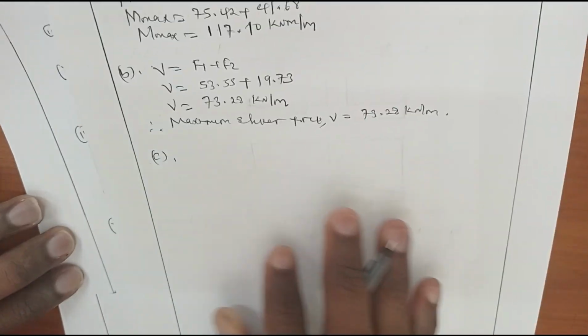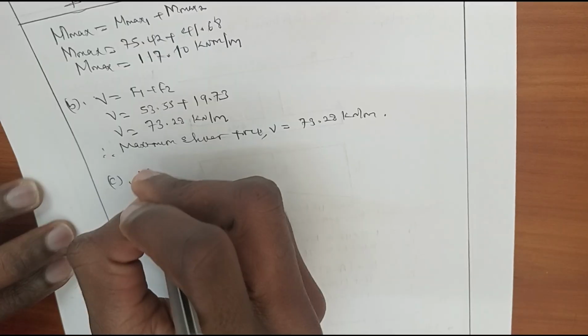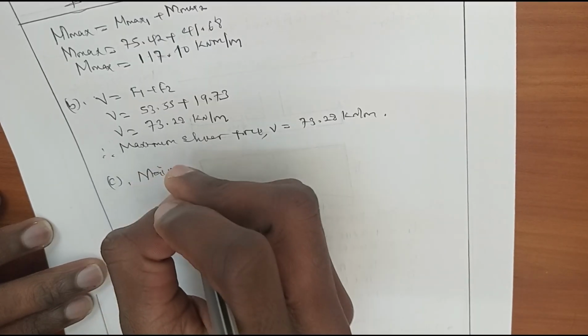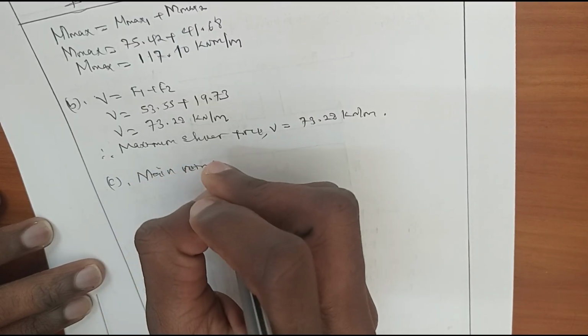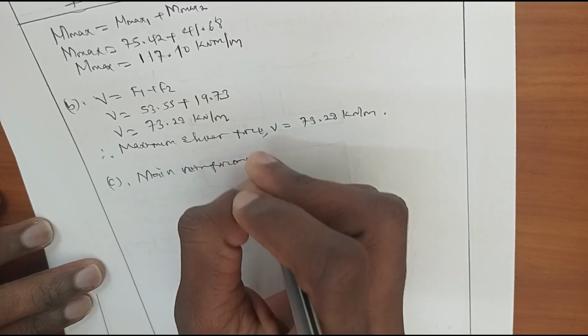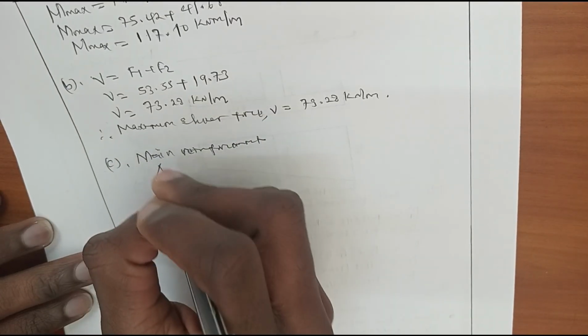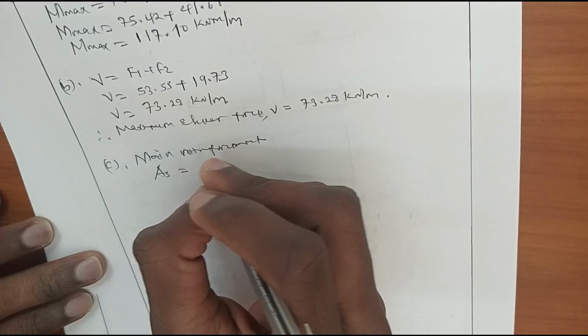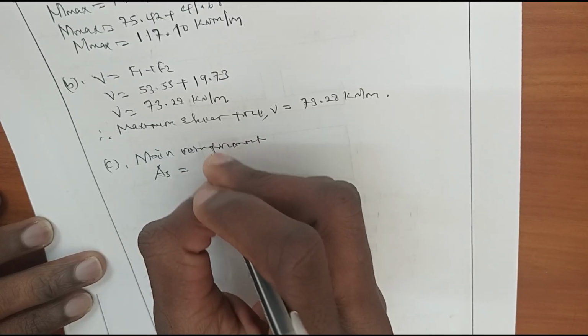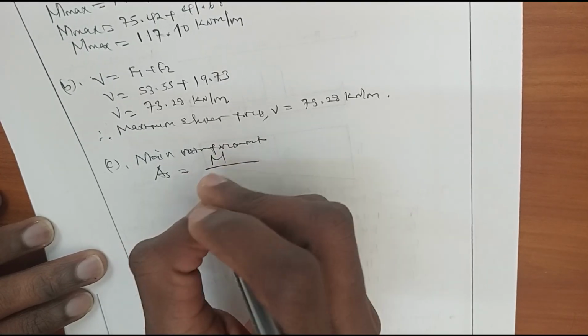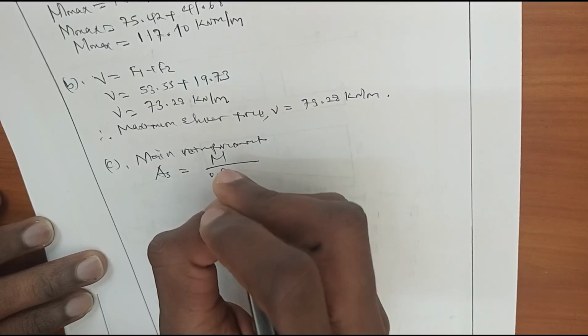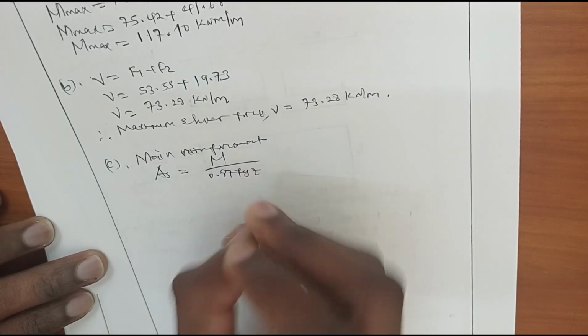Next is to determine the main reinforcement. Main reinforcement is determined by taking the area of steel reinforcement equal to design moment over 0.87 fy z.